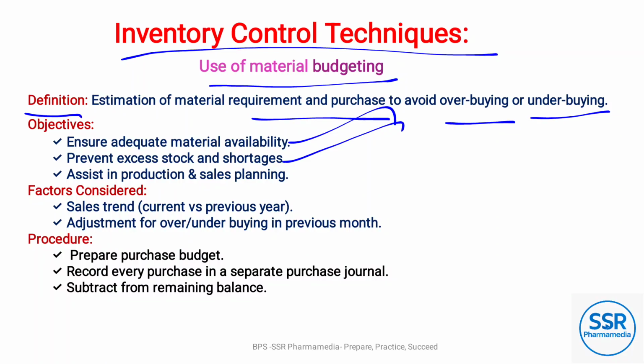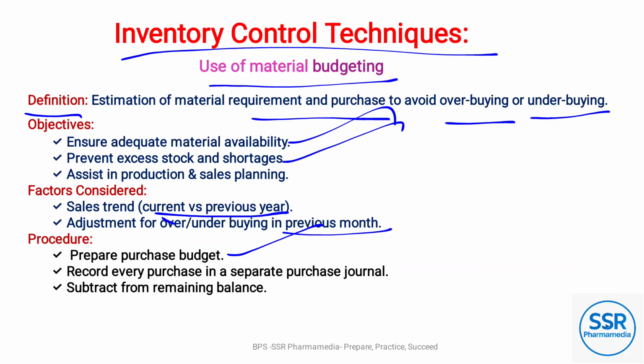Factors considered: sales trend, current versus previous year, adjustment for over or under buying in the previous month. Procedure for buying the material: prepare the purchase budget.